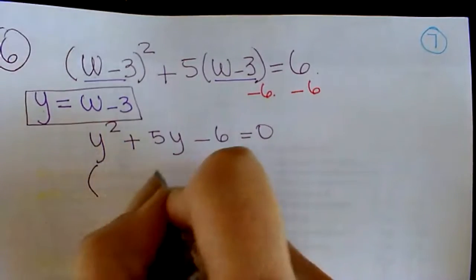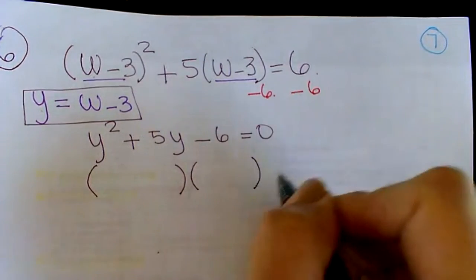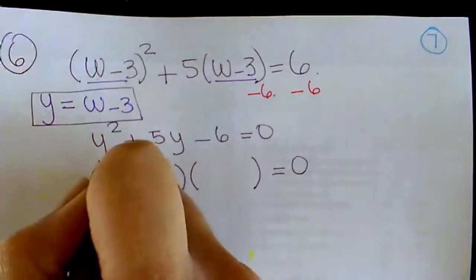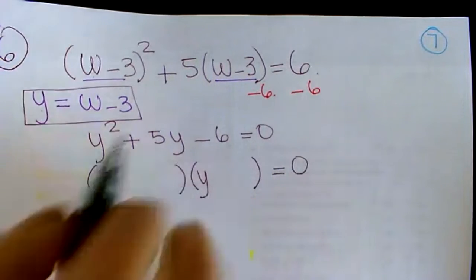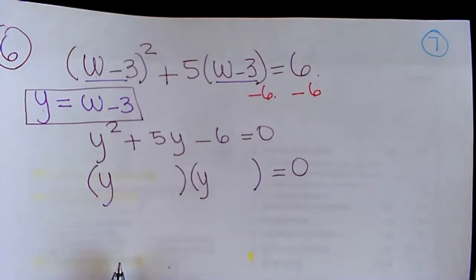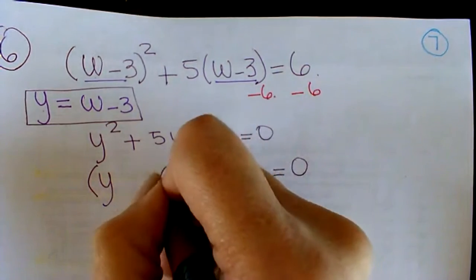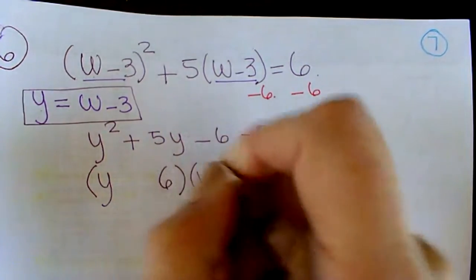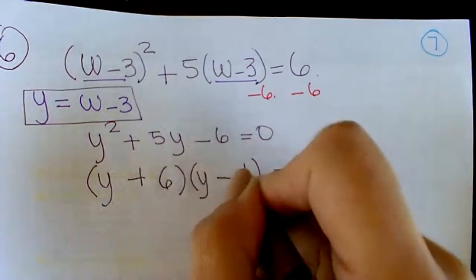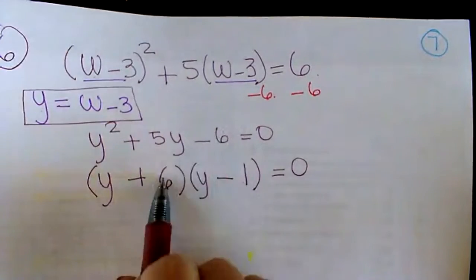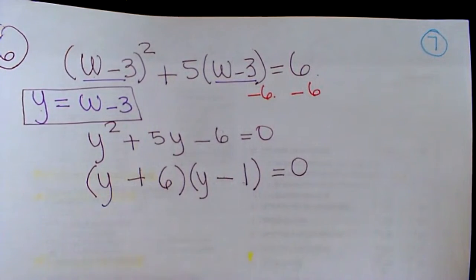Now, we could do this one. What are the two numbers? Go ahead. What are those two numbers? 6 and 1. The 6 is positive and the 1 is negative. Perfect. Good job, guys.